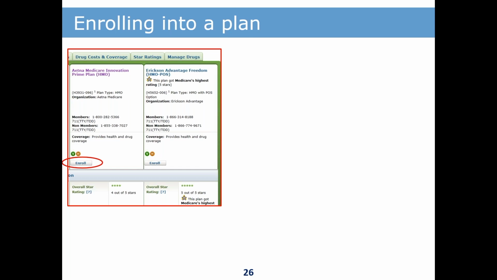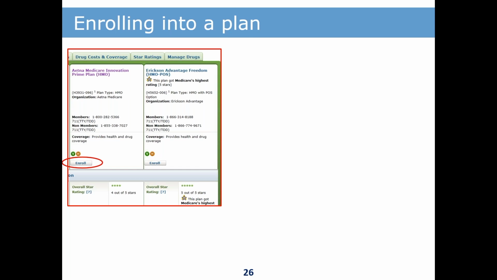You can also enroll, the client can enroll, by calling the plan. Here's the phone number right here. They can be enrolled over the phone by the plan, or they can call 1-800-Medicare, and 1-800-Medicare will also enroll them if they know exactly what plan they want. Remember, 1-800-Medicare is open 24 hours a day, 7 days a week, and when we get late into the enrollment period, that might be helpful to know.